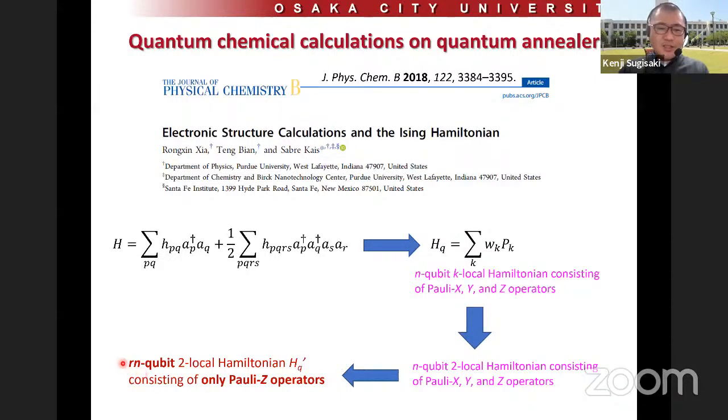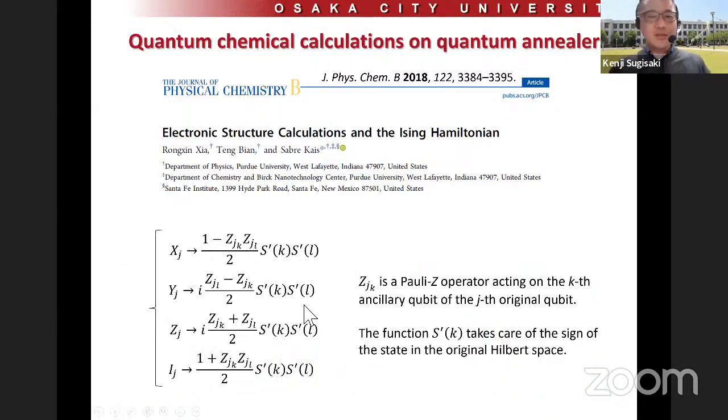If we use the additional qubit resource, we can transform the Hamiltonian to the Ising Hamiltonian, consisting of only Pauli Z operators.